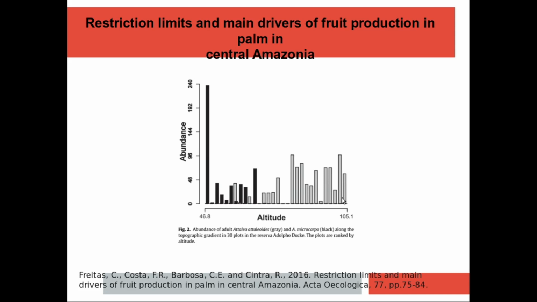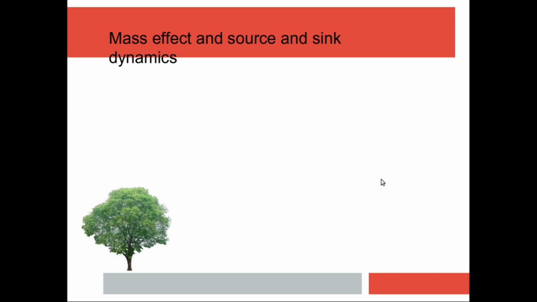Just a quick background here. Mass effects and source-sink dynamics are 2 important concepts in local ecology. Here we have a plant that produces large amounts of seeds.